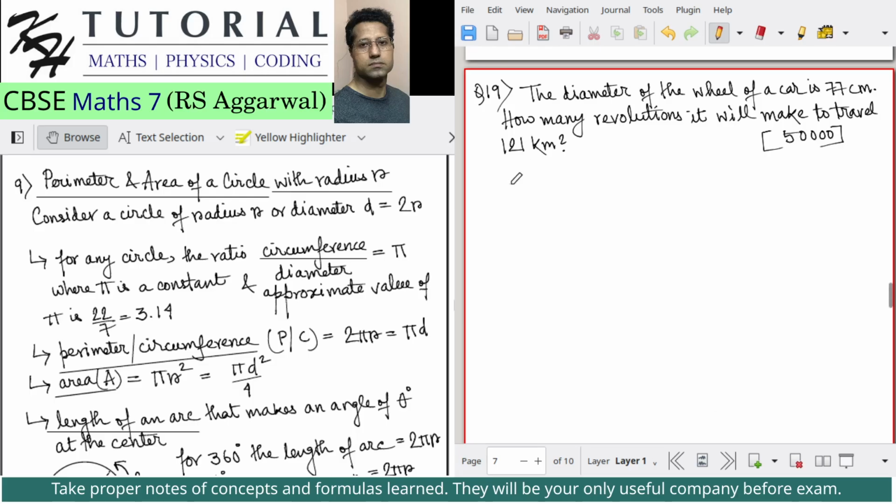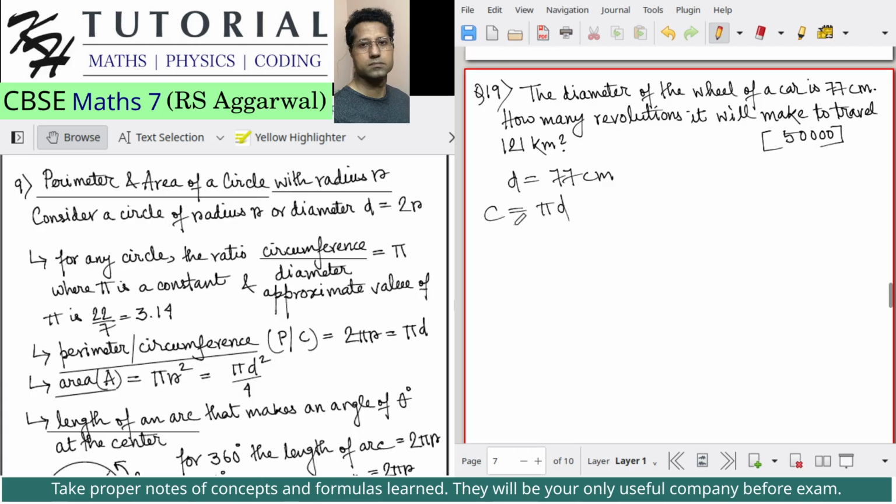So what is given? The diameter is given. D is given to be 77 centimeter. Okay. What will be the circumference of the wheel? C will be equal to pi d. Okay. Now we know.